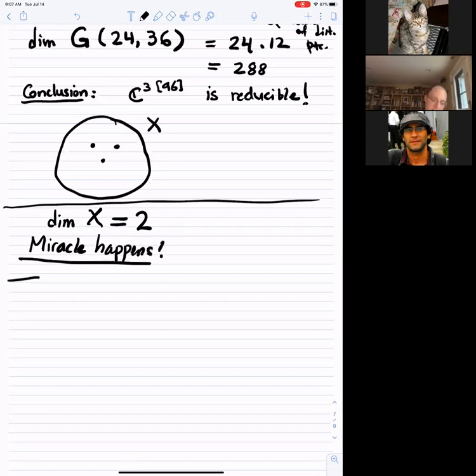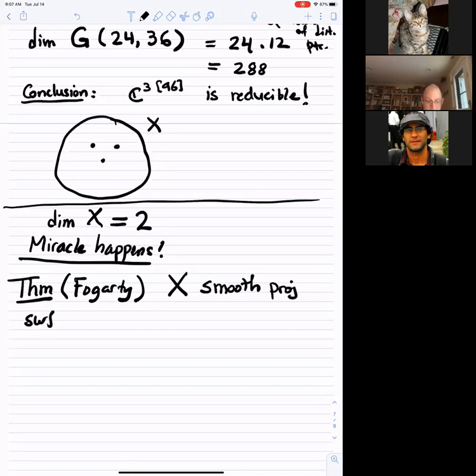And here is the theorem due to Fogarty. X here is a smooth projective irreducible surface.